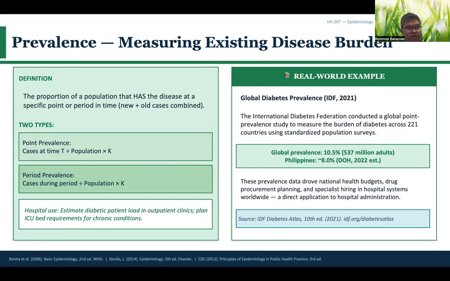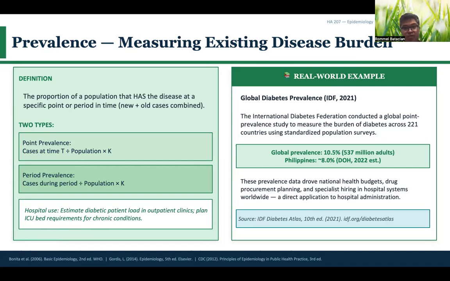So you can plan for specialty clinics that deal with potential diabetes-related complications. You could also increase bed capacity because some diabetic complications lead to hospitalization. Everything starts with prevalence. It tells you the existing disease burden and how it will affect your healthcare system or your hospital.